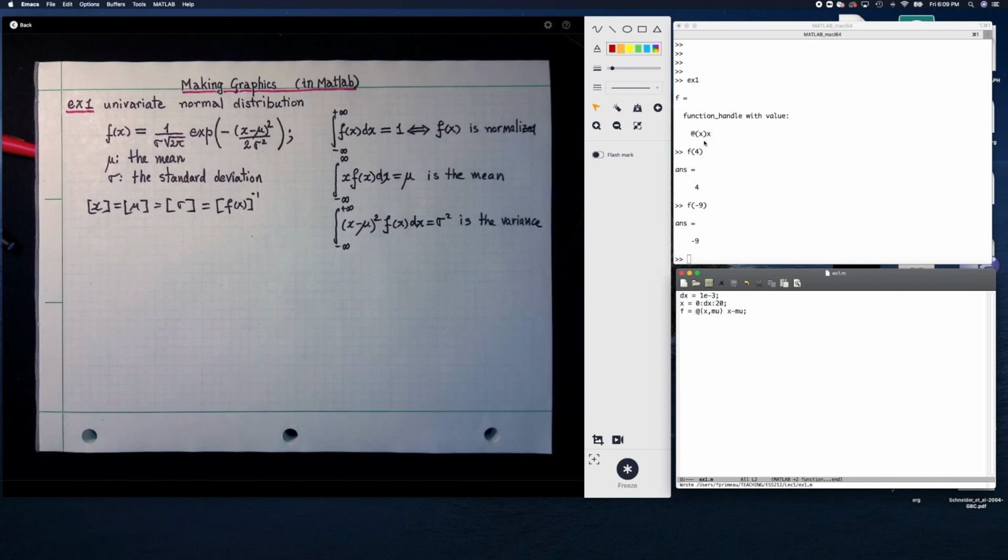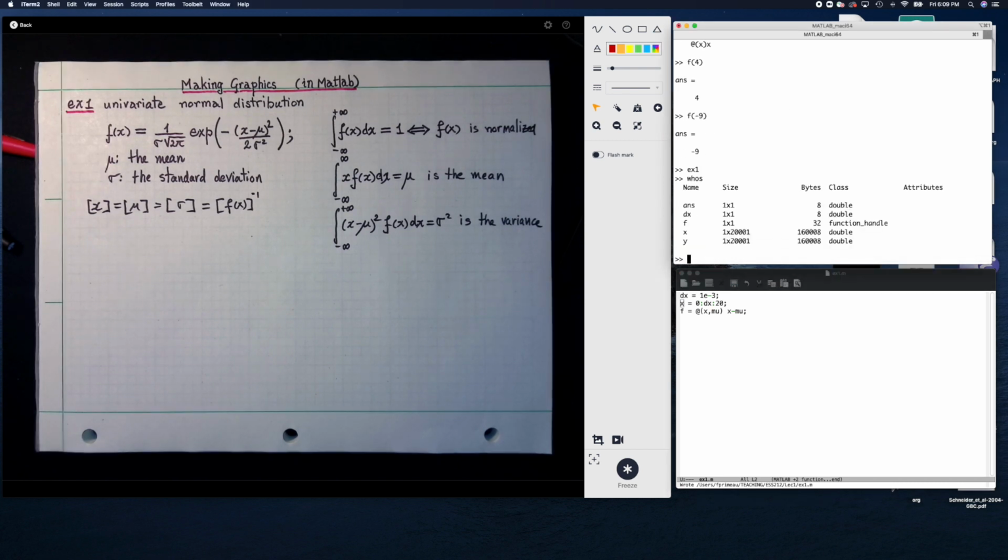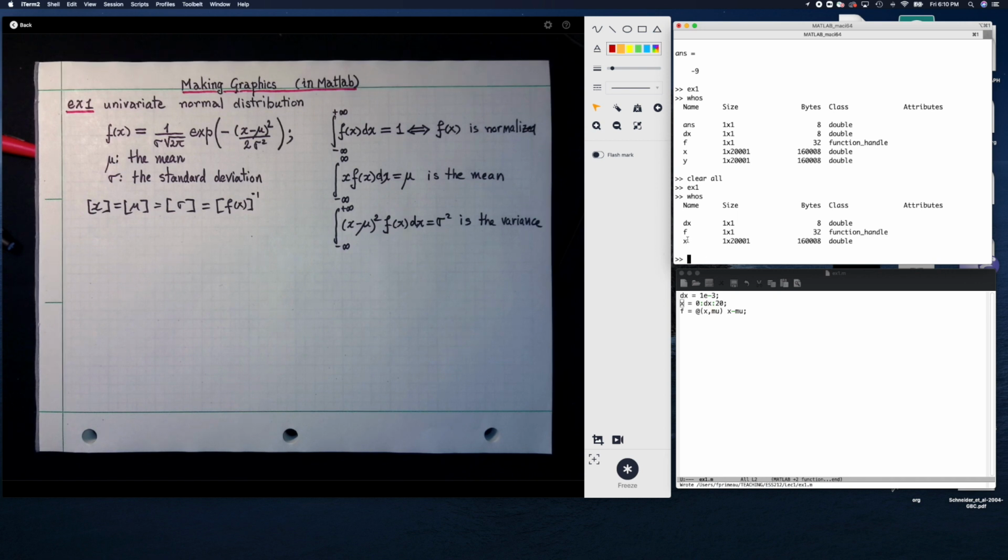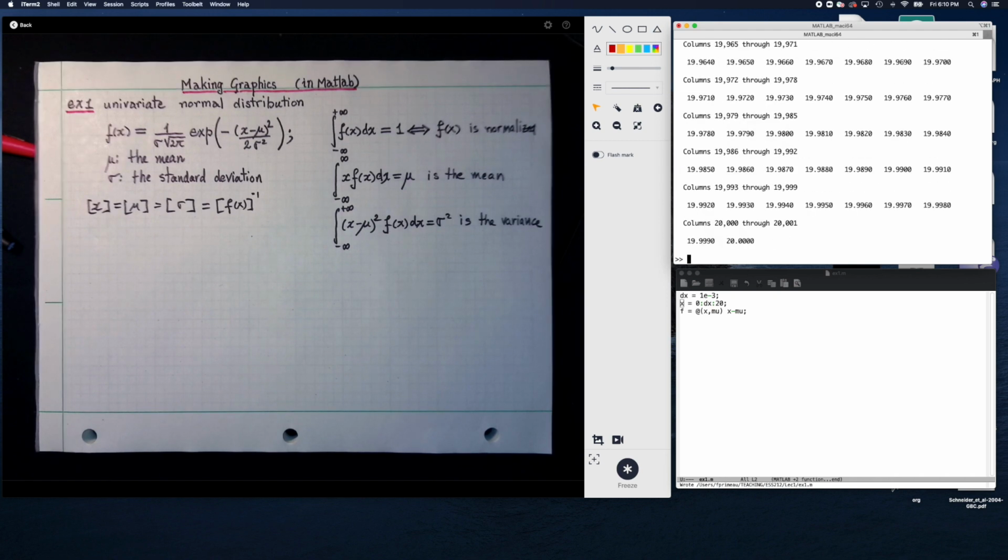All right, so let me run this ex1, and if I type whos, it will tell me the variables defined so far. Why do I have y? Hold on, clear all. ex1, whos. Right, so I have three variables, x, f, and dx. Dx is just a scalar, just a number, but x is a whole range of numbers.